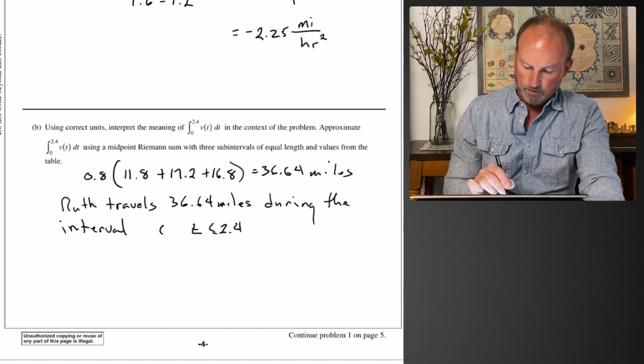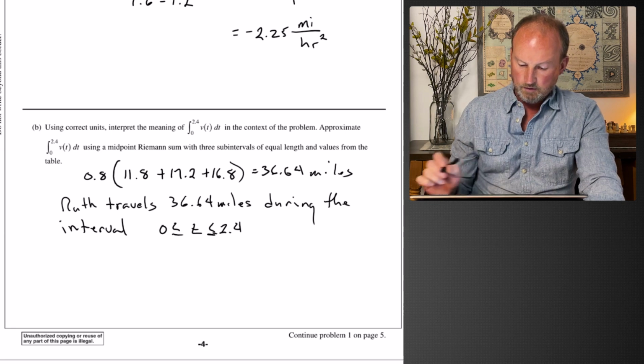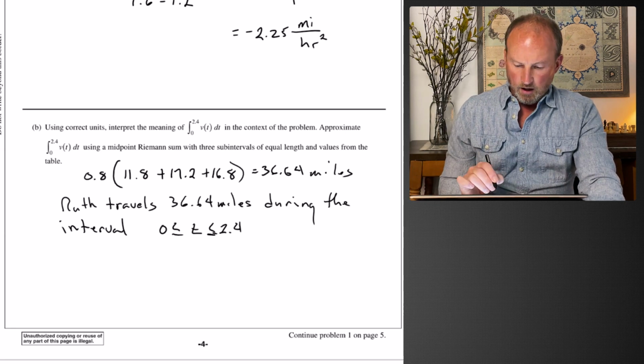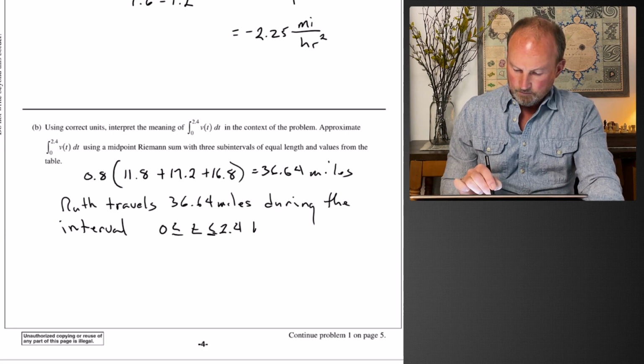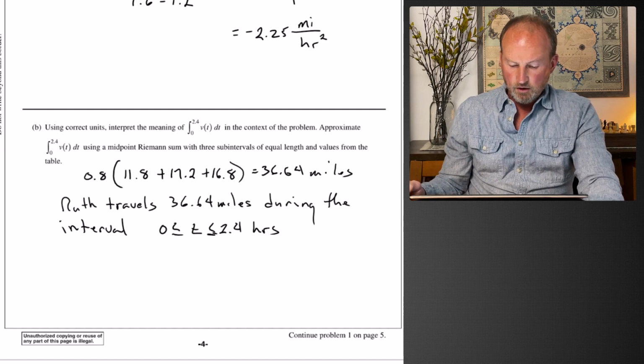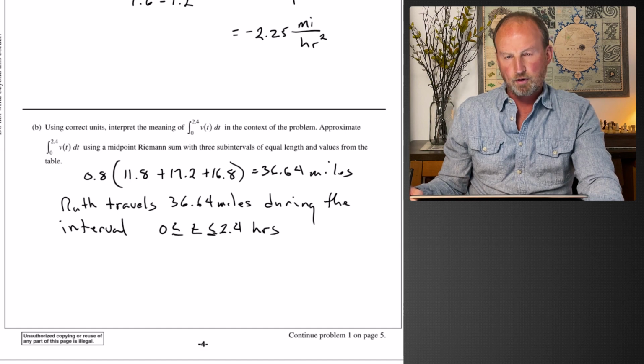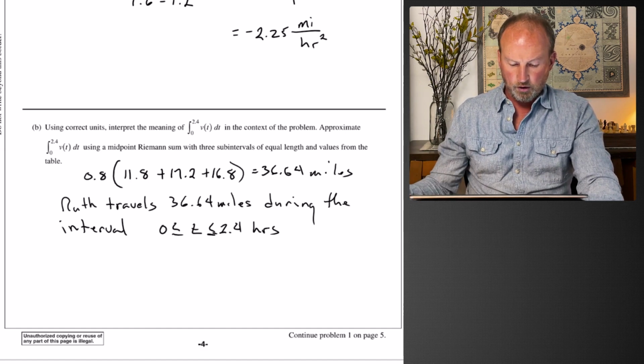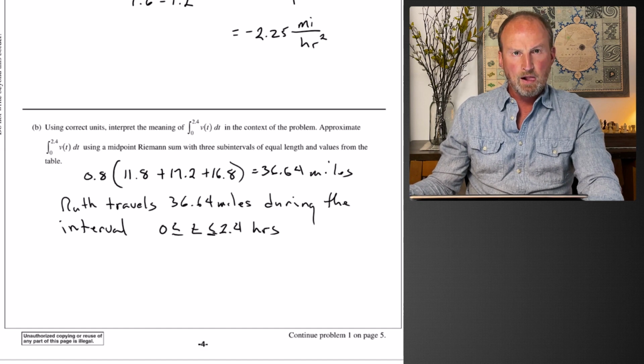Oh, it's right above me. Okay. Units of time was hours. So Ruth travels 36.64 miles during the interval of 0 to 2.4 hours. That would be an interpretation. We showed all of our work, and so we're good to go.